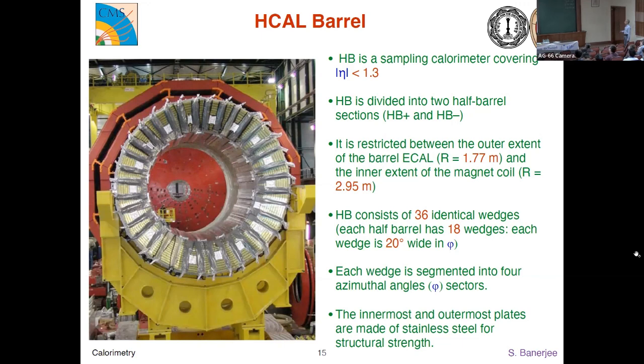So we have 18 times 4, 72 phi divisions in the hadron barrel, and a similar number of phi divisions in the endcap. The supporting structure has to be good, so the innermost and outermost plates of this hadron calorimeter are made out of stainless steel. The rest of the plates are made out of brass.